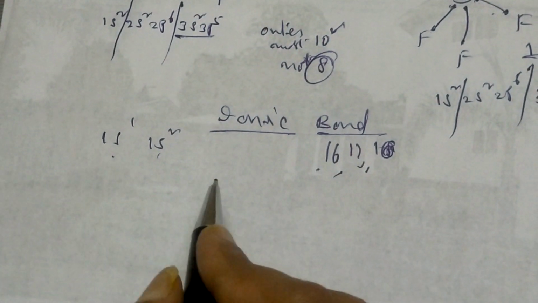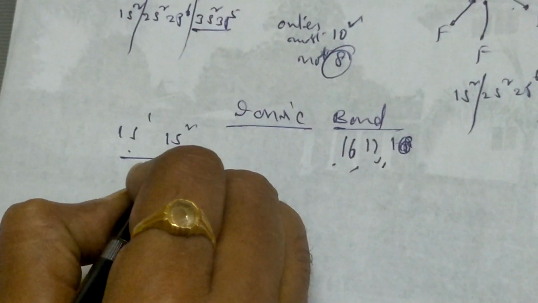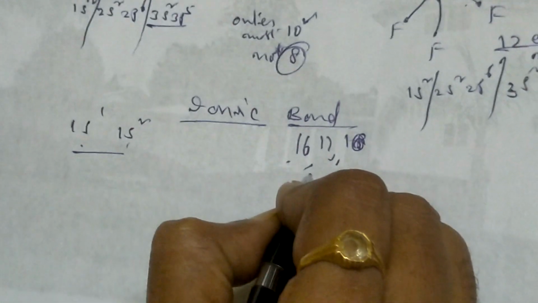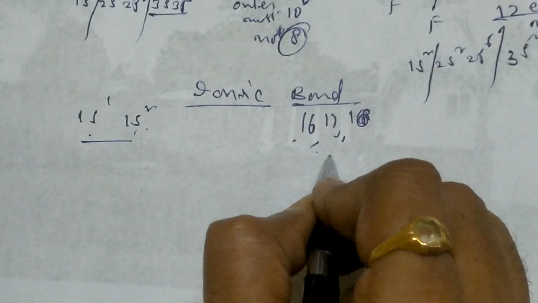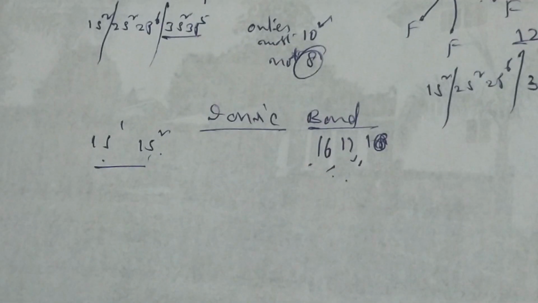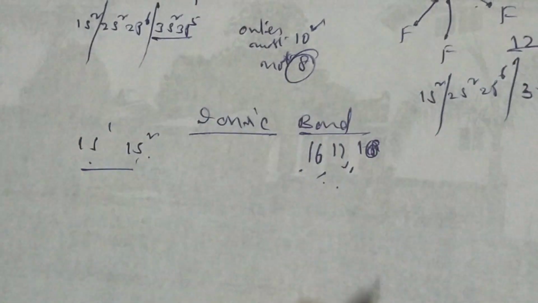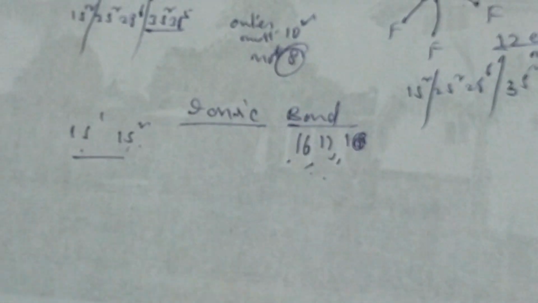That means one should have a low ionization enthalpy, and the other should have a high electronegativity. The electronegativity difference should be more, and one should easily give up the electron. Then it will form an ionic bond.